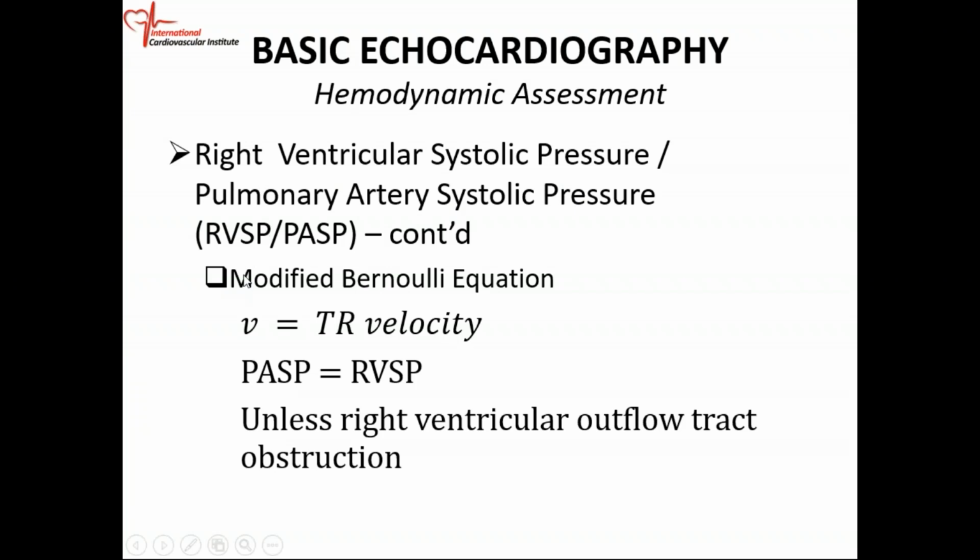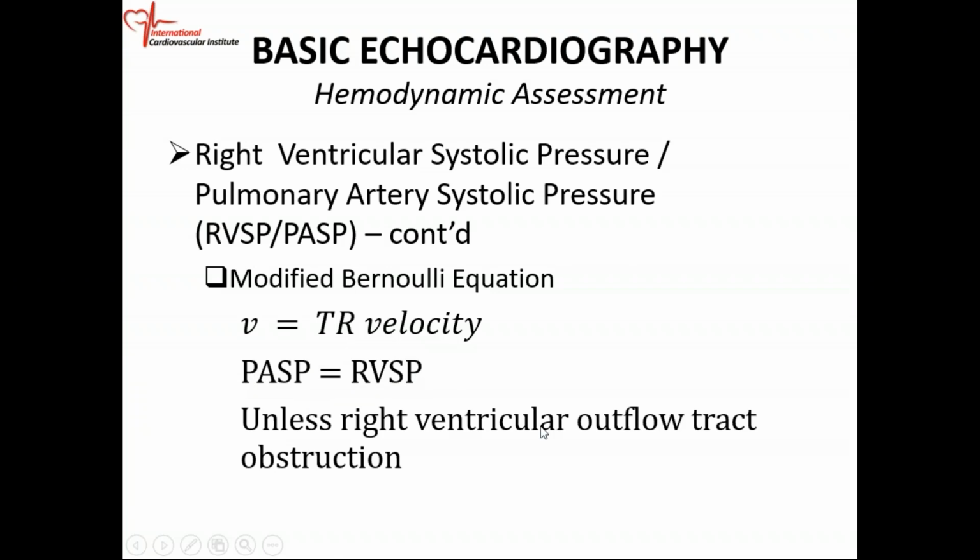Again, the modified Bernoulli equation: pressure gradient is equal to 4V squared, where V is the tricuspid regurgitant velocity. And your pulmonary artery systolic pressure is equal to the RV systolic pressure unless you have obstruction.